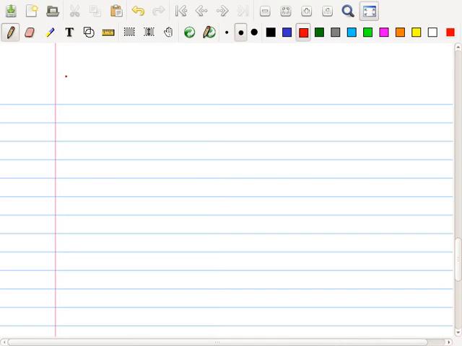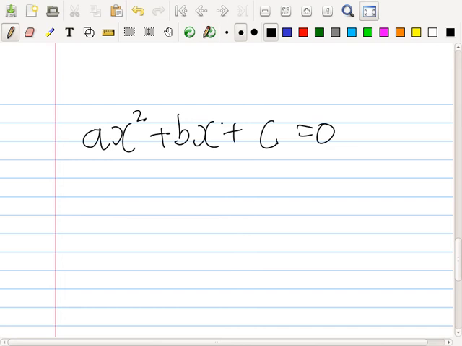What we're going to look at now is this one. Who knows the name of this equation? No one knows? That's okay. I didn't expect you to.